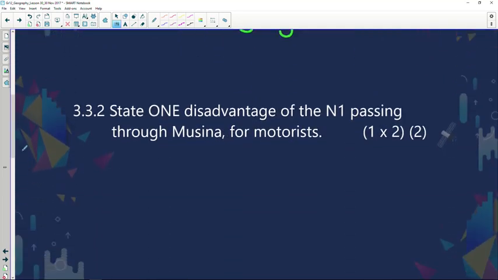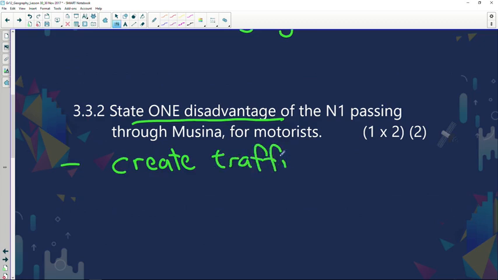Now, state one disadvantage of the N1 passing through MUSINA. Unfortunately, it's going to create traffic. Not really traffic, but in a way it's going to slow people down.